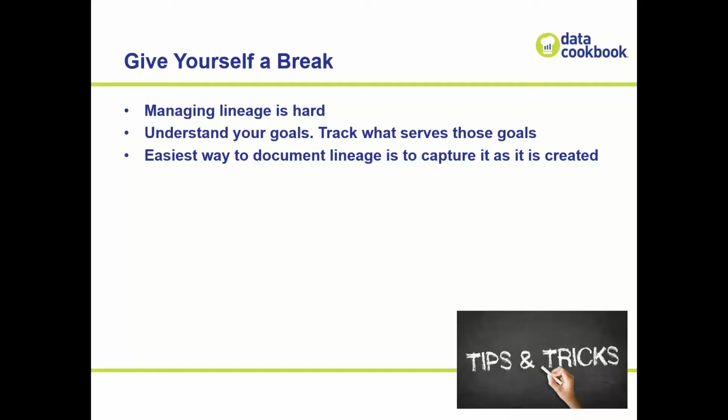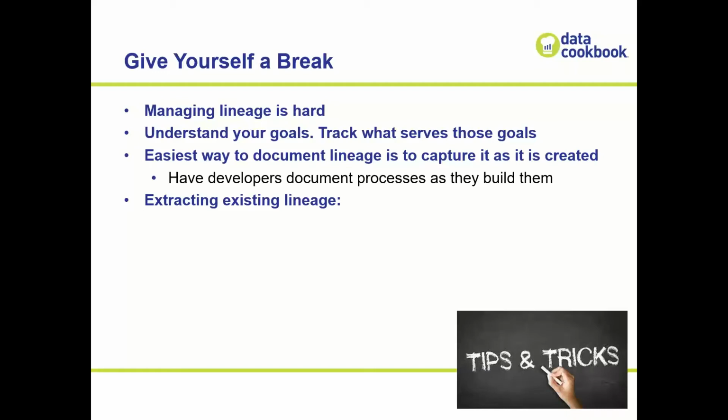It's hard to separate the field information from the table, or from the process information. So if you give them a way to document that or create the specifications as they go, it's going to be infinitely more helpful than going back in time and documenting those old things. So have developers document the processes as they build them.